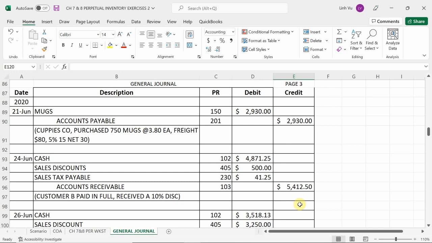Okay, so what's your grand total here? So my discount was $142.50. Let me see. How much did you purchase? You purchased 750 units. So you just multiplied that to get 142.50.